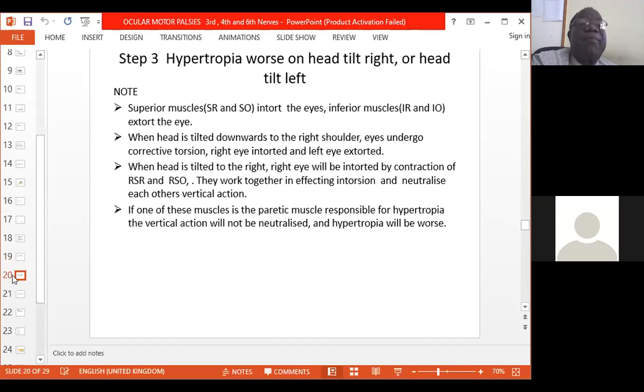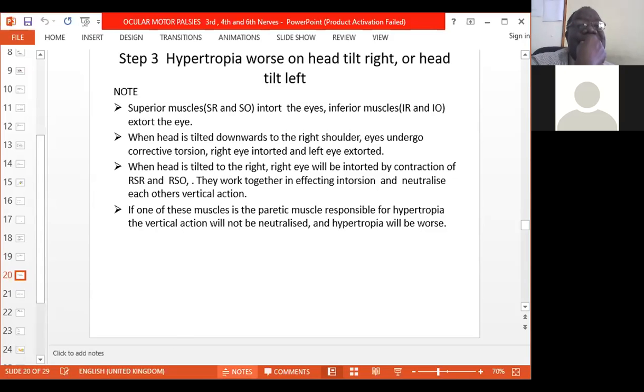In step 3, hypertropia, worse on head tilt to the right or head tilt to the left. Superior muscles, superior rectus and superior oblique, intort the eyes. Inferior muscles extort the eyes. When the head is tilted downwards to the right shoulder, eyes undergo corrective torsion, right eye intorted, left eye extorted.